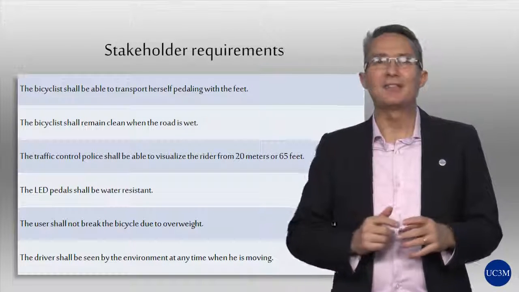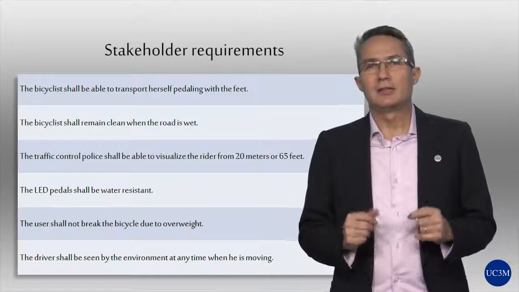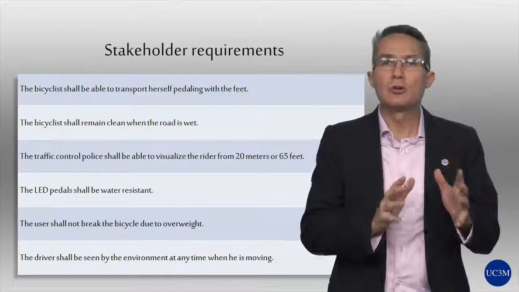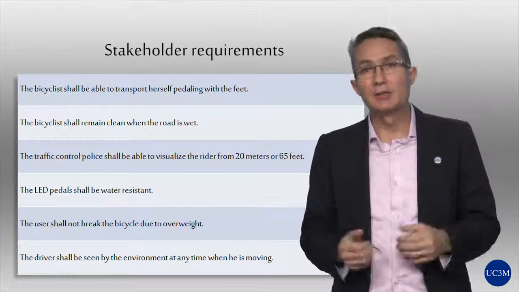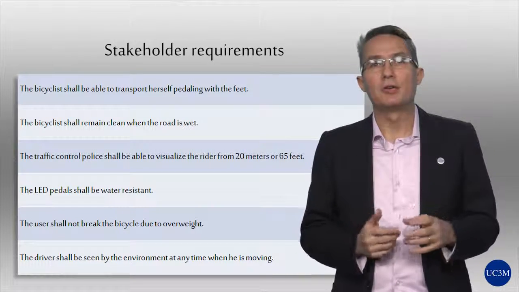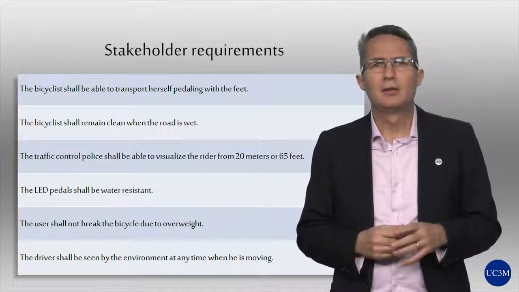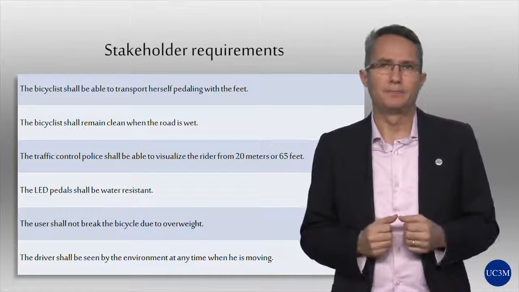These are a kind of simple stakeholder requirements. Please notice that they are not describing the bicycle, but the stakeholders that will be affected by the system: the cyclist, the police, and others that are not present in the shown requirements, like the serviceman, the sales force, the factory that produced the bike, etc.